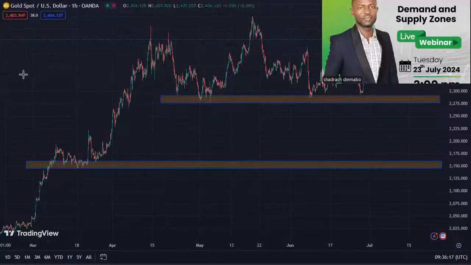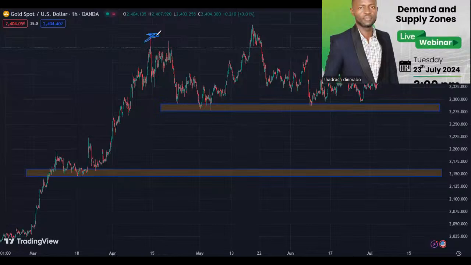After it made this one, it dropped down. But as it made this other move upward, if you watch this upward movement, it invalidated this one. So this is no longer a valid supply zone. This becomes the valid supply zone as of when the market was here.